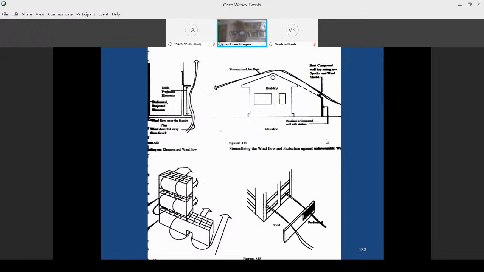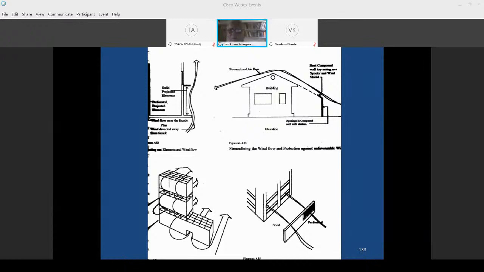So, what suggestion do we have, friends? What solution do we have to solve this problem? We can have projections also, and even then we want that air movement must be along the external wall and must come in contact with the wall so that convective cooling will be effective.